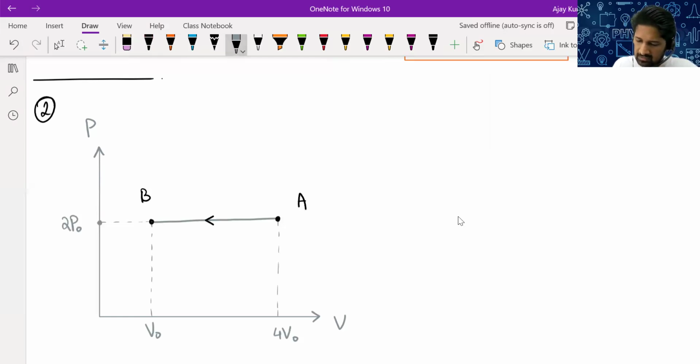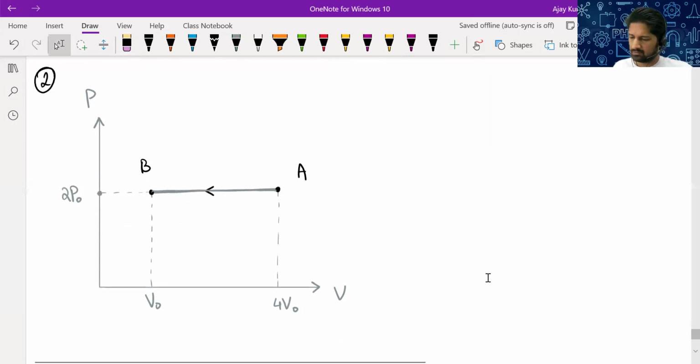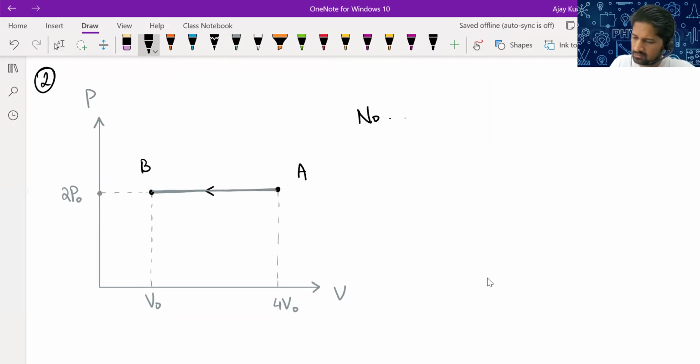So you are given an indicator diagram here. What does an indicator diagram show you? It shows you the variation of two thermodynamic variables with respect to each other. In this graph, you see the variation of pressure with respect to volume, or you can say volume with respect to pressure also. So PV graph is given to you. Let's say number of moles is n and the gas is, let's take it generally only.